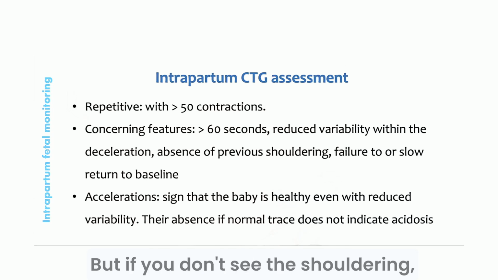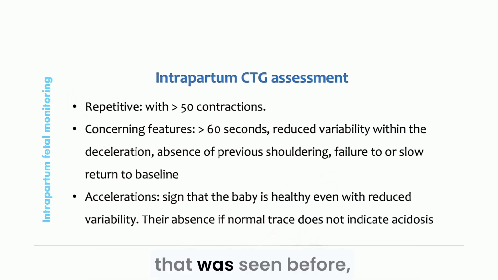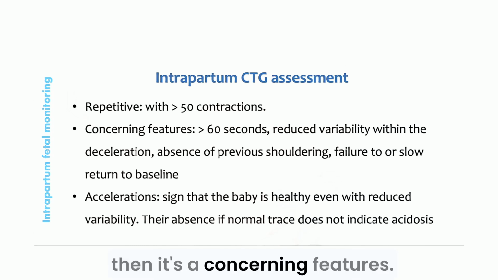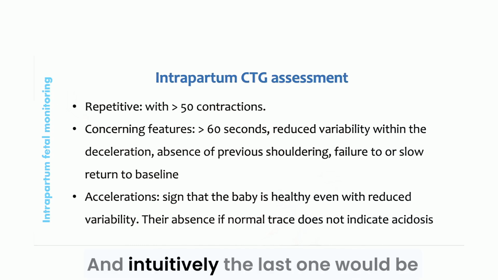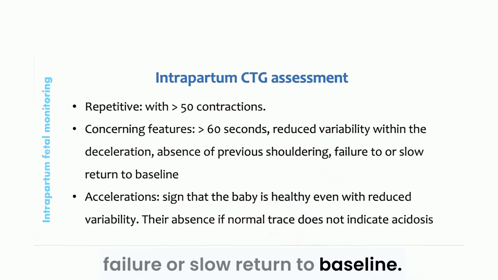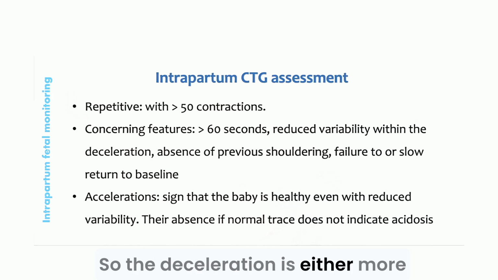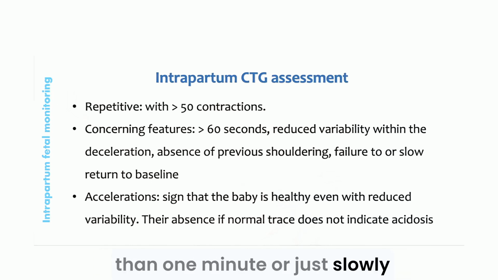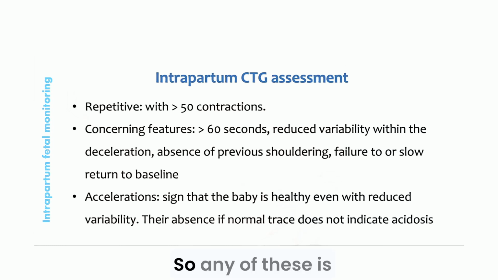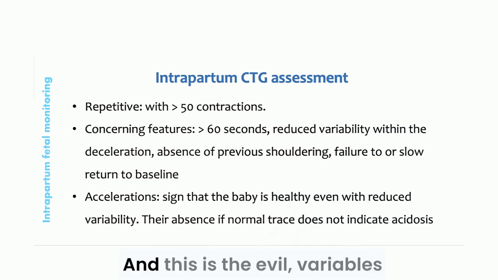But if you don't see the shouldering that was seen before, then it's a concerning feature. And intuitively, the last one would be failure or slow return to baseline. So the deceleration either lasts more than 1 minute, or is slowly coming back to the baseline, or never recovers to the baseline. Any of these is a concerning feature, and these are the evil variables we talked about.